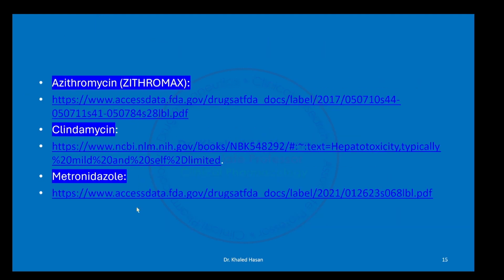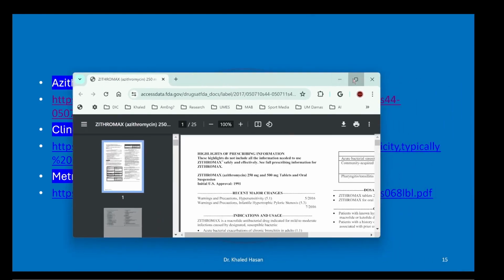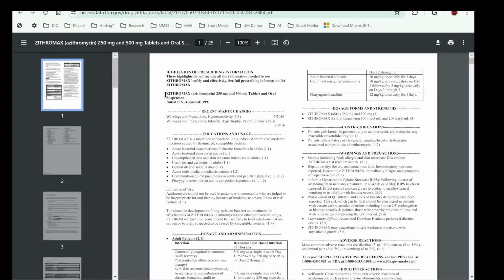Here we have three references to share with you about azithromycin and hepatic dysfunction. This is azithromycin, available as an oral suspension and tablet, and we need to look at the liver.